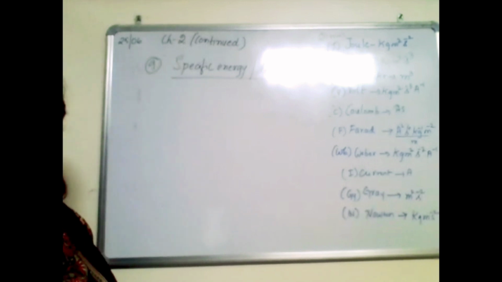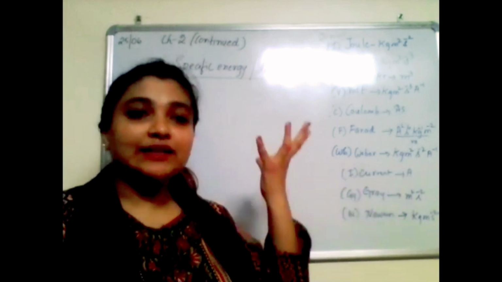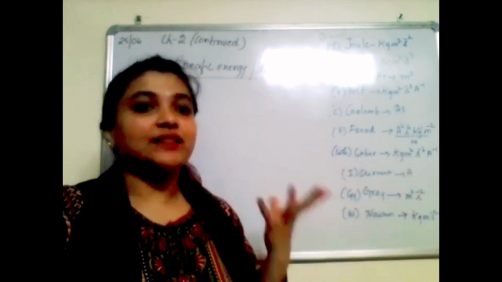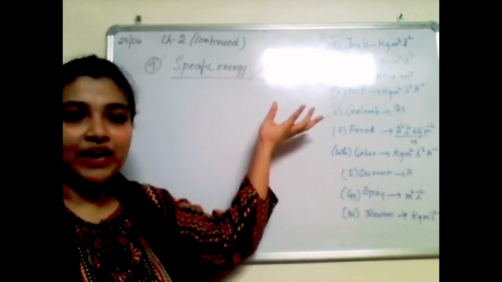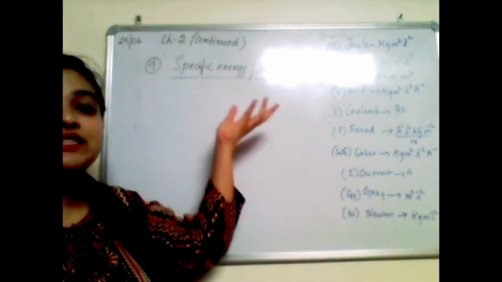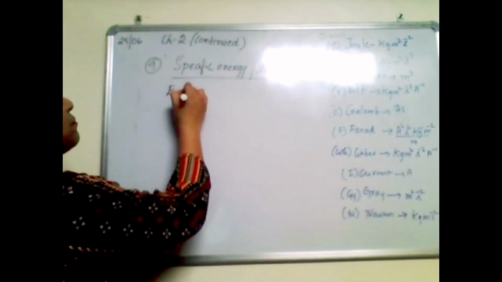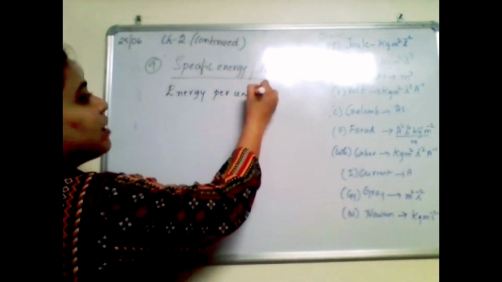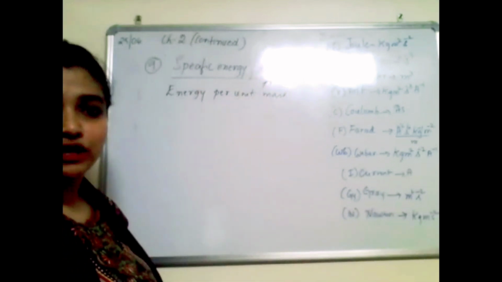It is nothing but energy per unit mass. How much energy is stored in one unit of mass? That is specific energy or latent heat. Energy per unit mass is called latent heat or specific energy.